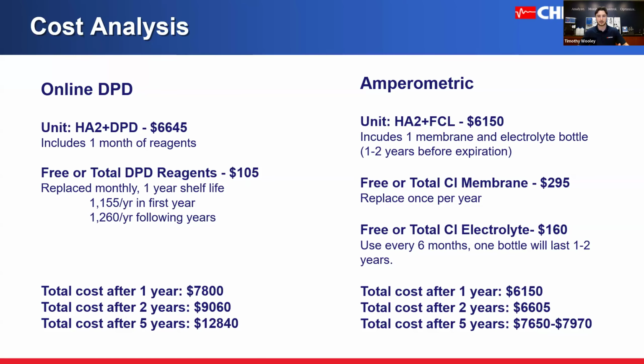So putting you at about $6,600 after 2 years, and anywhere from $7,650 to $7,900 after 5 years, depending on the expiration of those electrolytes. Which is obviously it adds up much less quickly. So if you're planning on investing in one of these technologies out in the field and they're going to be used for 5 years or more, the amperometric, if it is fit for a good application, might be the way to go.